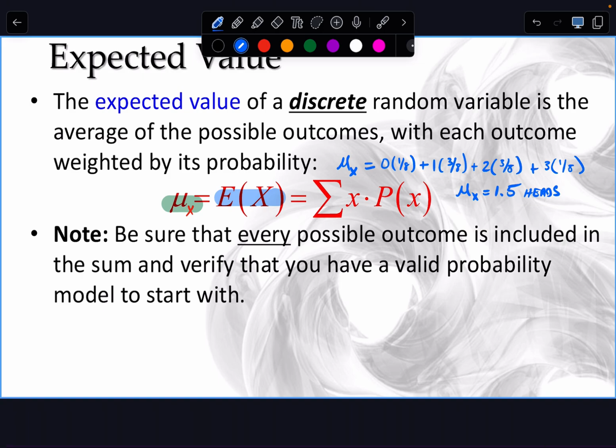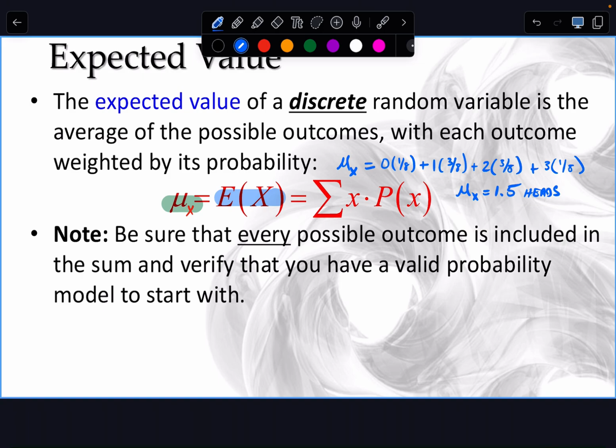So what we need to understand is when we calculate this mean, this expected value, we're saying if we did it over and over and over again, in the long run, this law of large numbers says on average, we would expect to see 1.5 heads. So when you interpret the mean, you need to make sure you include the phrasing that hints at we do this multiple times over many trials. This is the value we expect on average.